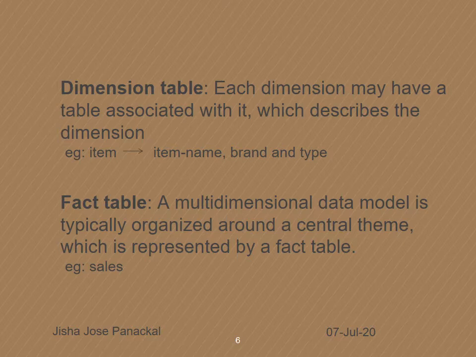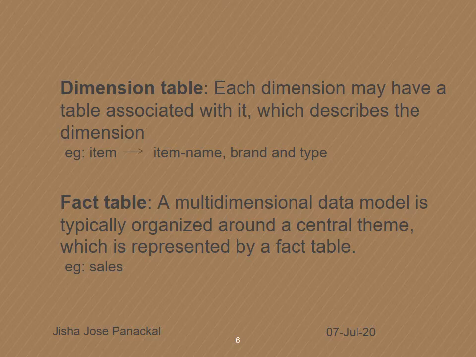For example, here we have item dimension table, which is used to describe item like item name, brand and type, and we will have other dimensions that are location and quarter. To represent those dimensions, we will have other tables. So these are the dimension tables.